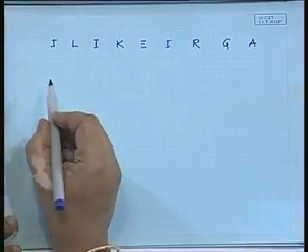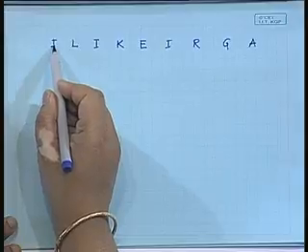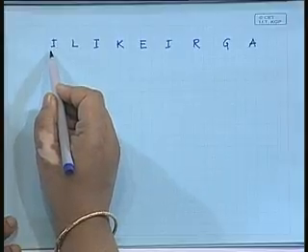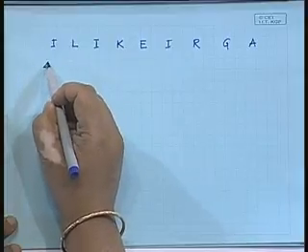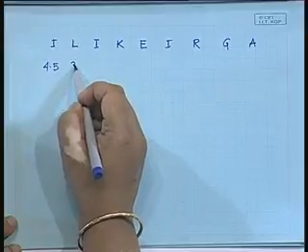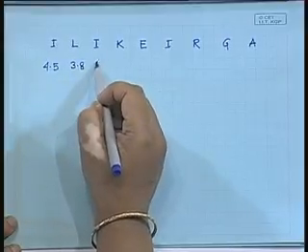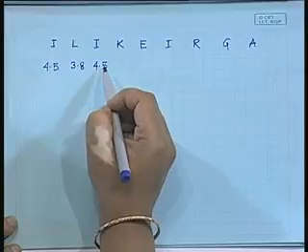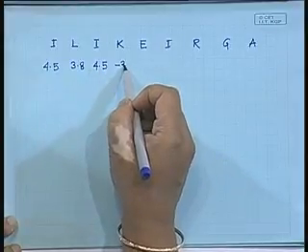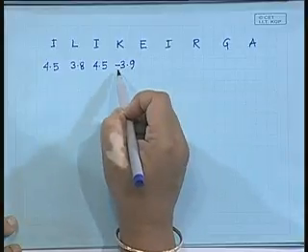The first thing that I do here is add the value for each residue. The value for isoleucine is 4.5, the value for leucine is 3.8, isoleucine 4.5, lysine is minus 3.9. Why is it minus?